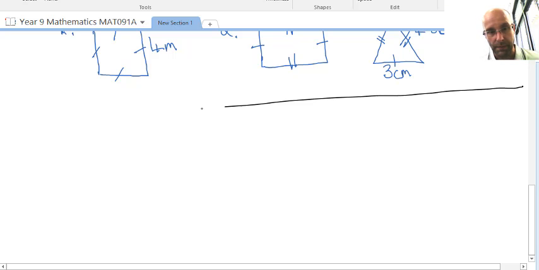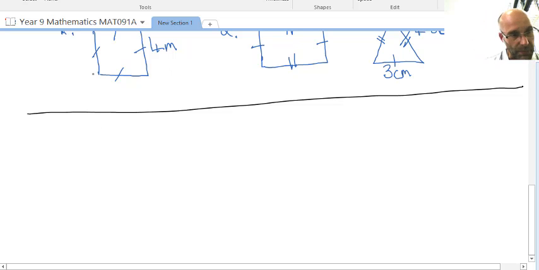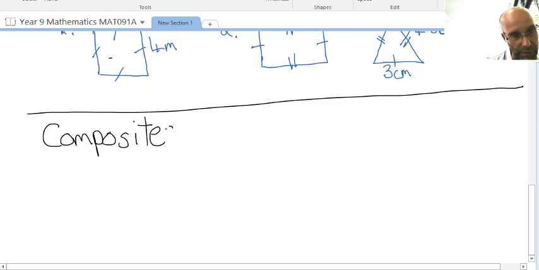Okay, continuing on now. In the next part of the video, we're looking at the distance around a closed shape, but we're looking at composites. So we're still looking at straight line shapes, but composite shapes. Composite shapes, you might recall, are shapes that are a mixture of more than one plane shape.